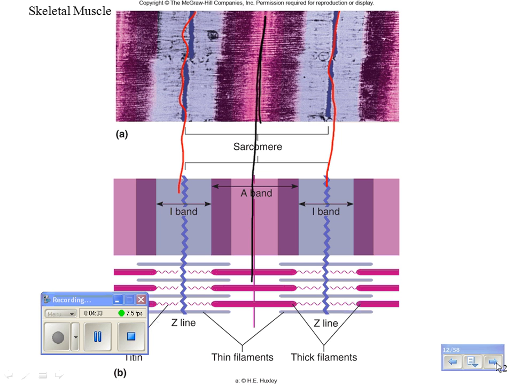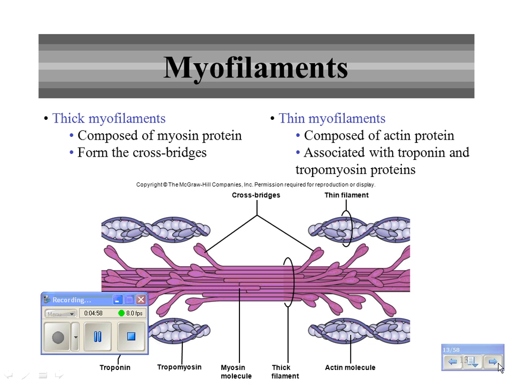And then our bands and zones that we talked about, regarding whether more light is able to pass through or less light passes through, are based on our I bands, our A band, and then right in this area is where our H zone would be, where there's just myosin. So that's a little bit about the arrangement of the myofibril.